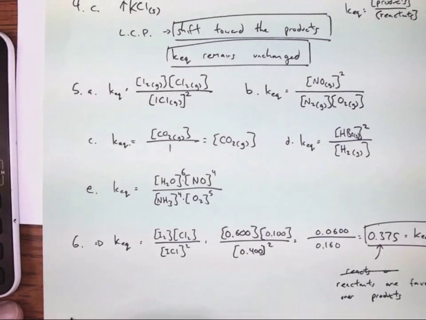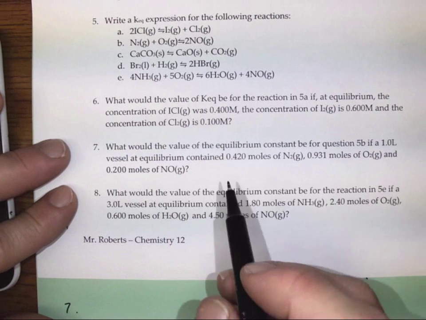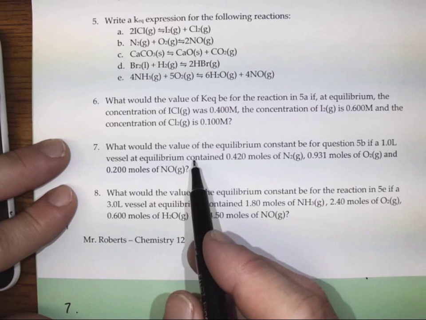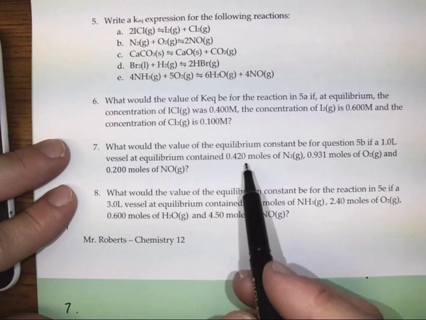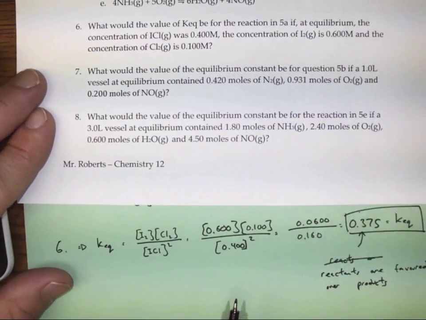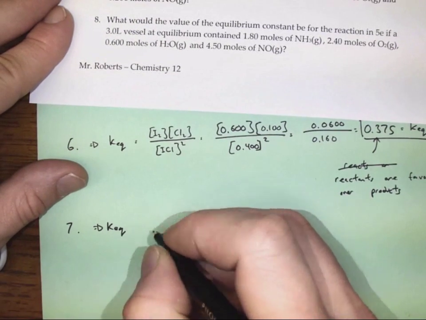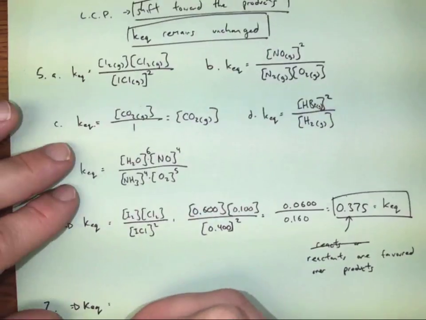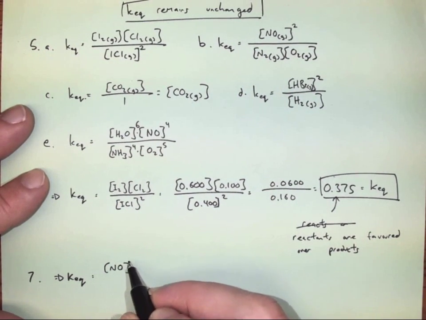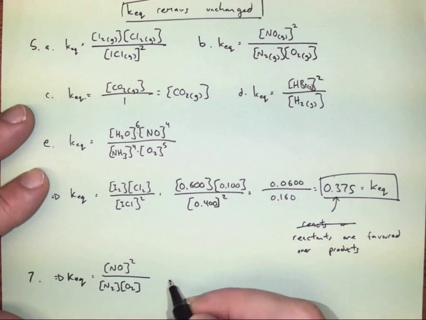Okay, moving on to question 7. So what would the value of the equilibrium constant be for question 5b if in a 1 liter vessel at equilibrium, we contained these concentrations of nitrogen, oxygen, and nitrogen monoxide? Okay, so I'm going to steal my already worked out KEQ expression for question B. And I can see here that it's my concentration of nitrogen monoxide squared over my concentration of nitrogen gas times my concentration of oxygen gas.